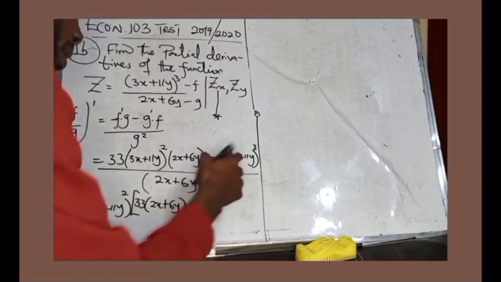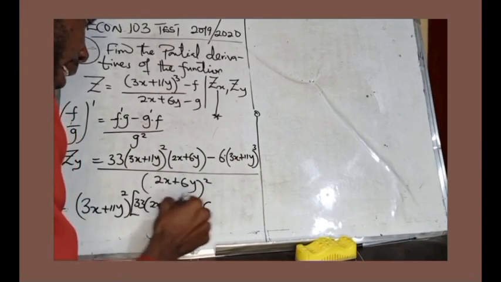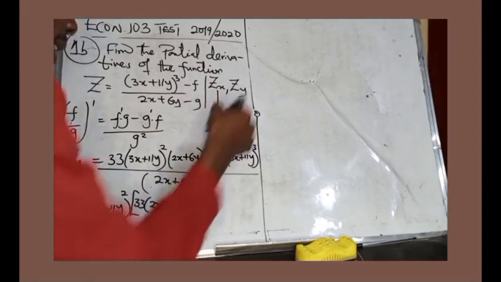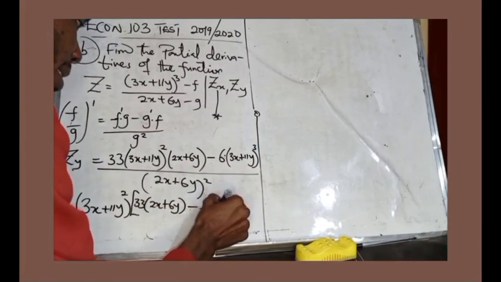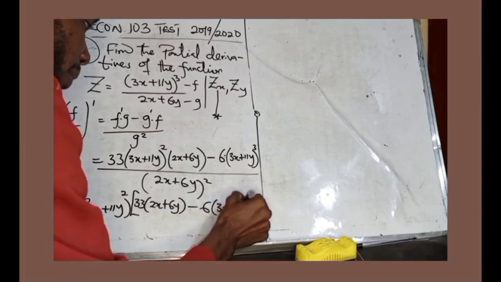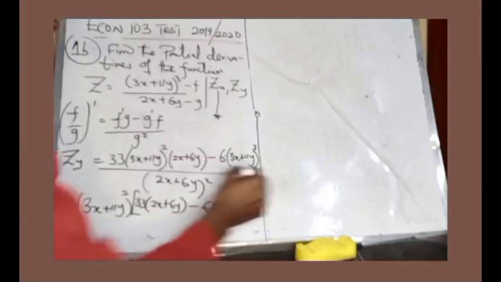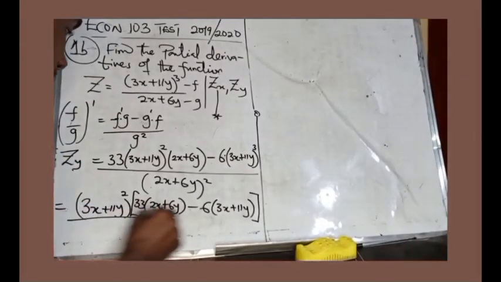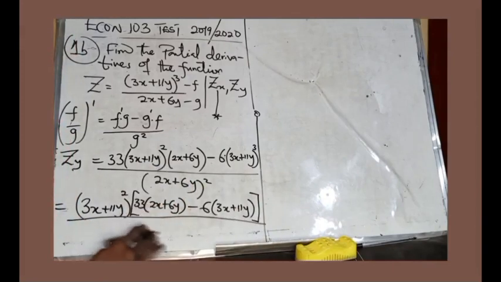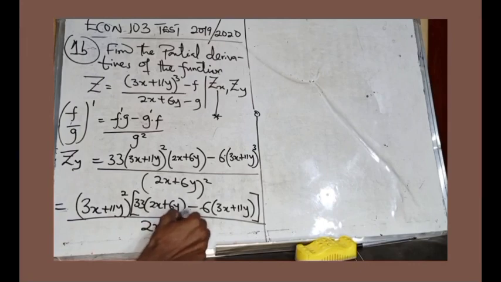Now minus, I have 6 multiplied by the one of this guy left in there, which is 3x plus 11y. I'm closing this bracket, all divided by the denominator, which remains constant, all square.